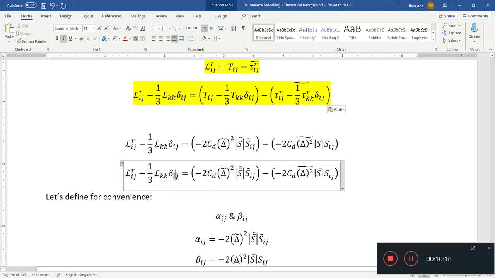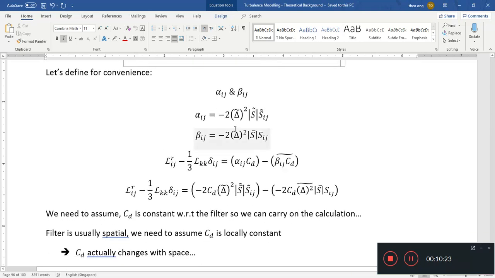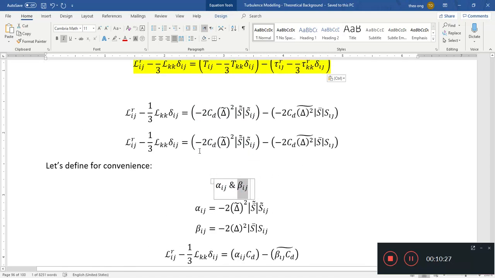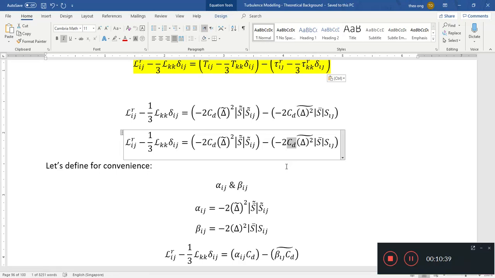Sometimes we don't want to keep writing all of this. So in literature, you usually see this alpha ij and beta ij. That's just a short-form truncation so that you can see which part depends on CD and which part doesn't. Remember, the part that we want to deal with is CD, and the whole point of doing all this double filtering is so that we can get a value of CD for that region.